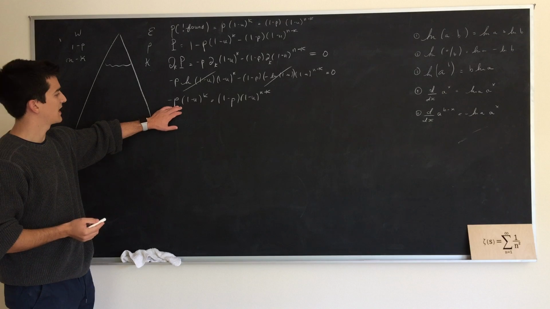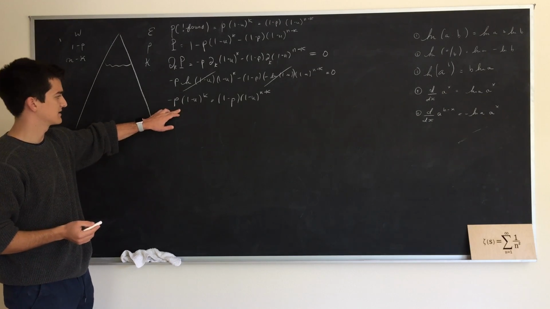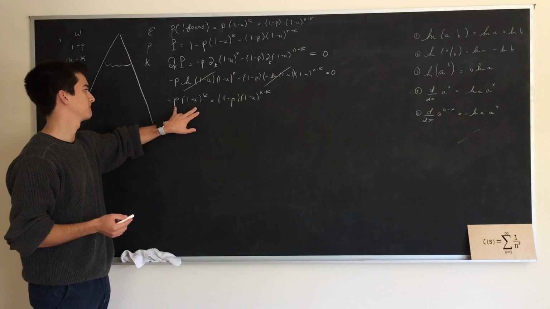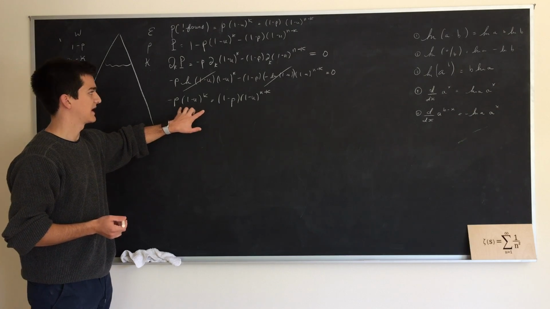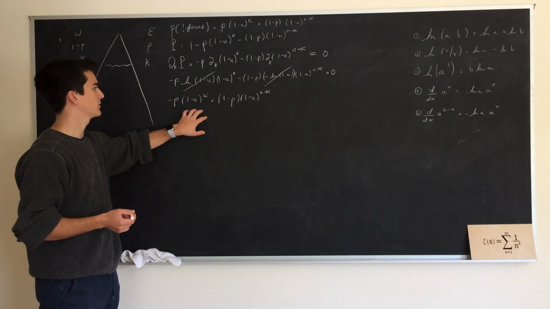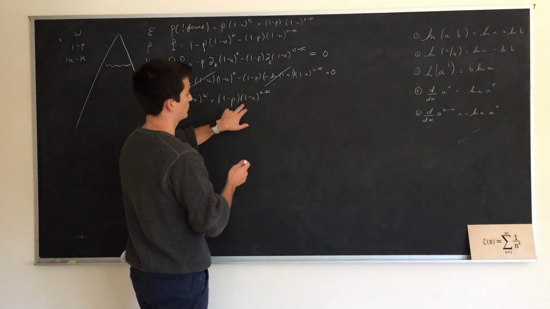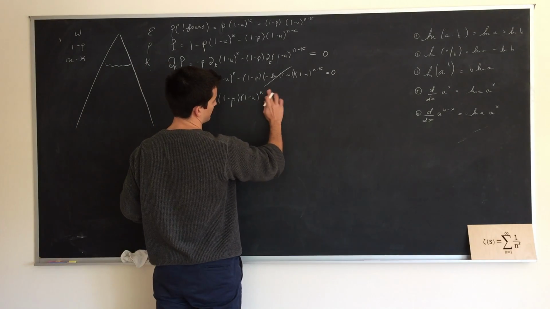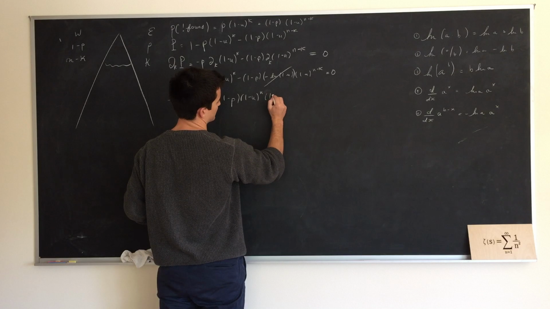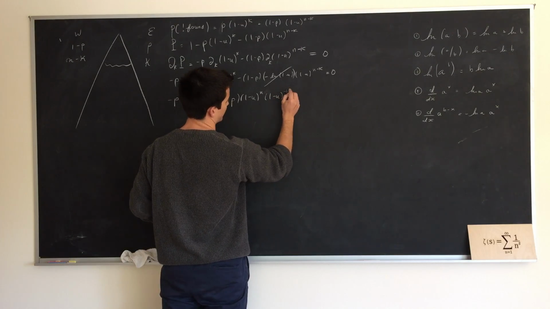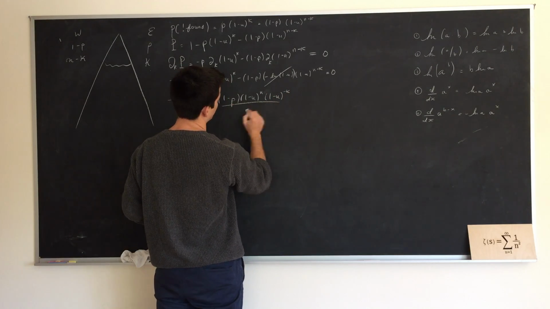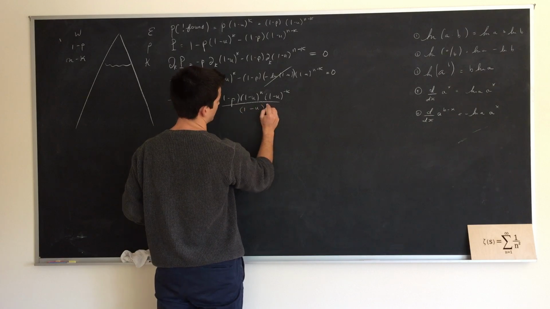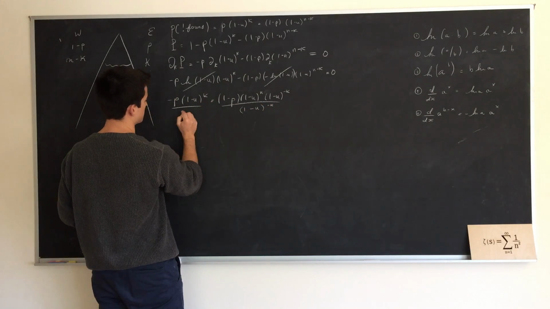We're one step closer. I think the best next step is to take the natural log of both sides, but before we do so, I'm going to break this 1 minus u to the n minus k into 1 minus u to the n times 1 minus u to the minus k, and then I'm going to just divide both sides by 1 minus u to the minus k.